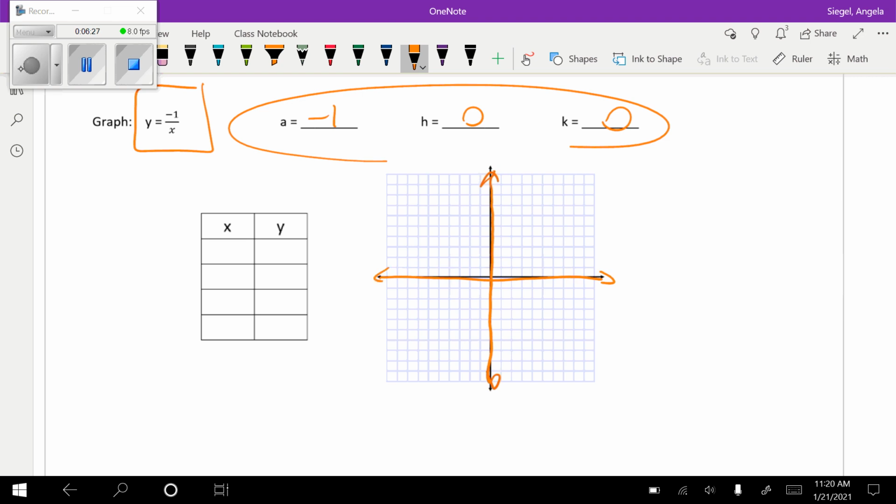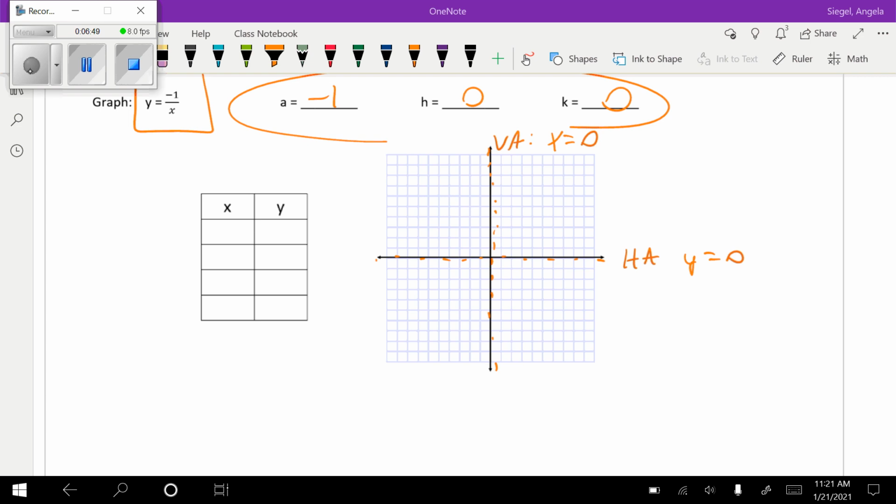Vertical asymptotes and horizontal asymptotes are represented by a dotted line. Even though it is a line, because they are asymptotes, we're going to identify them with dotted lines.